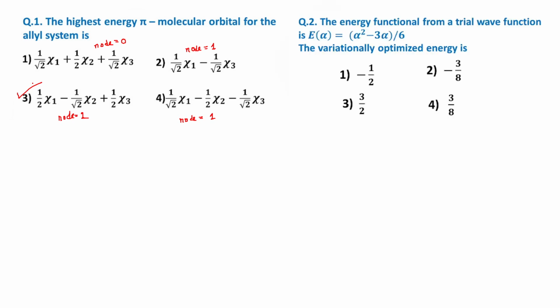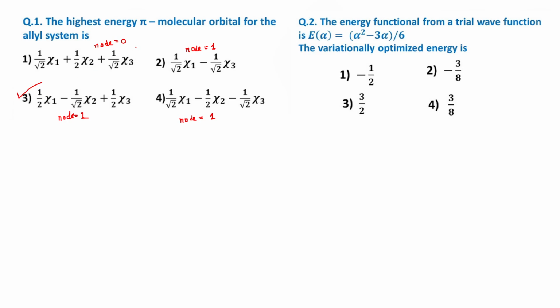Now, question number 2. It is a question from the variational theorem. The question is: the energy functional form of a trial wave function is given as E of alpha equals alpha square minus 3 alpha, whole divided by 6. The variationally optimized energy is what?